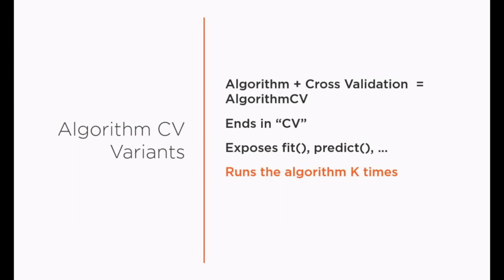Other parameters in the constructor let you define how the optimal value for hyperparameters, such as regularization, is determined. How cool is that? The bottom line is that you can use these CV variants just like their non-CV variants. However, they take a little longer to run since they are doing certain operations multiple times.